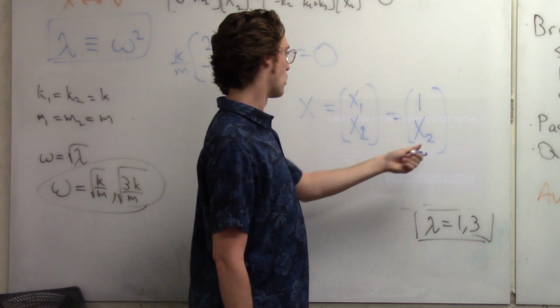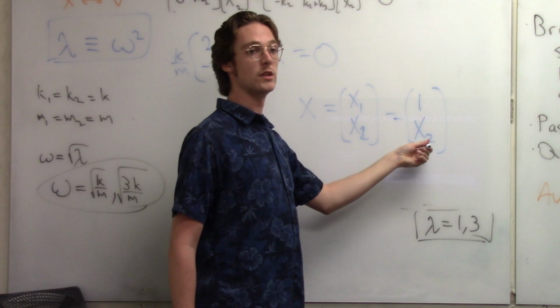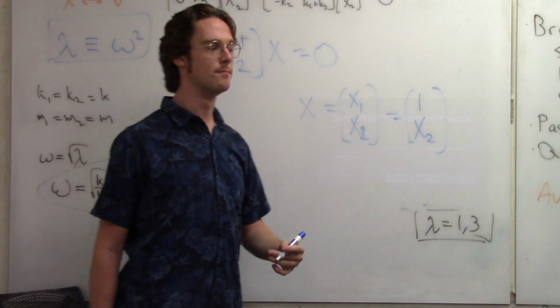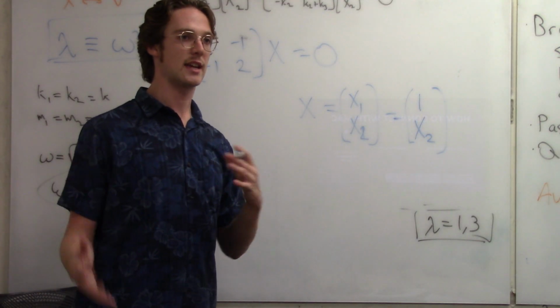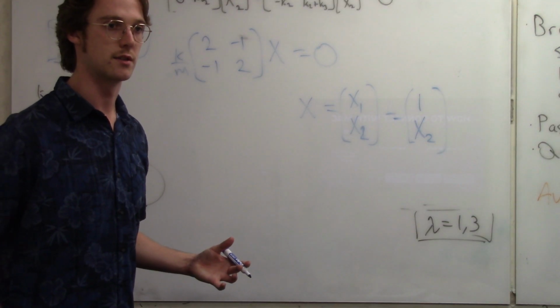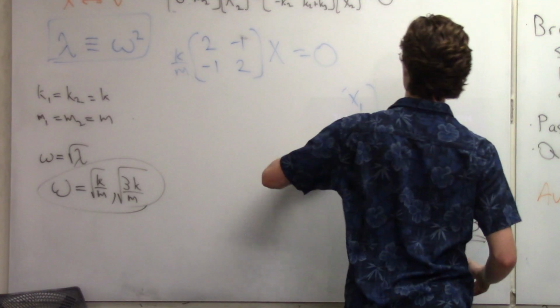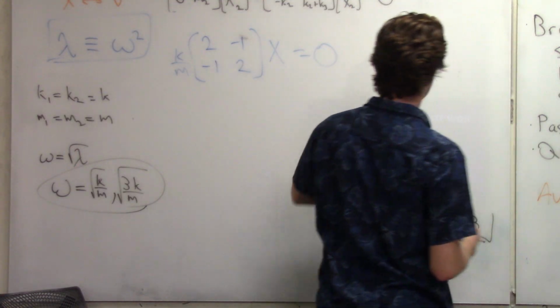Since the first component is 1, this is our only unknown, and that saves us half the trouble of finding the components of these eigenvectors. So now I'm going to replace x with 1 and x2.